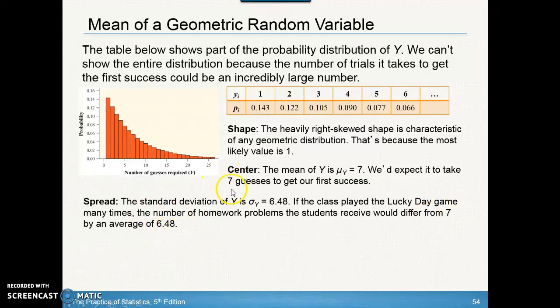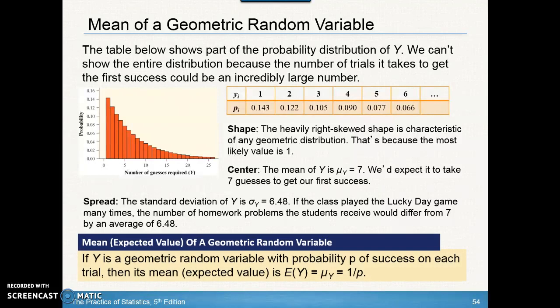This is from our lucky guesses question, saying it's going to take 7 guesses to get the first one correct. The only thing we really care about with a geometric random variable is not usually the standard deviation, and that's because it's right skewed. Remember, when it's right skewed, we don't necessarily use the standard deviation, and we're not going to get into the interquartile range or anything with geometric distributions.